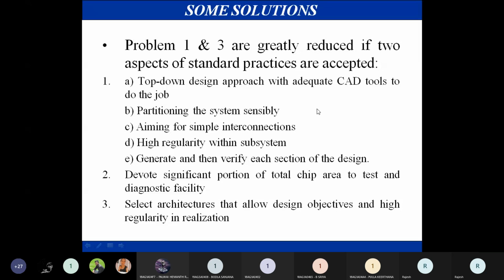So you should not go for redesigning different logics. Certain portions of the designs which you have used earlier can be used again within the design. Okay. And a certain portion of the chip must be readily available for testable logic. And you have to select architectures that allow design objectives and regularity in realization. So this is the design consideration for your IC and subsystems.